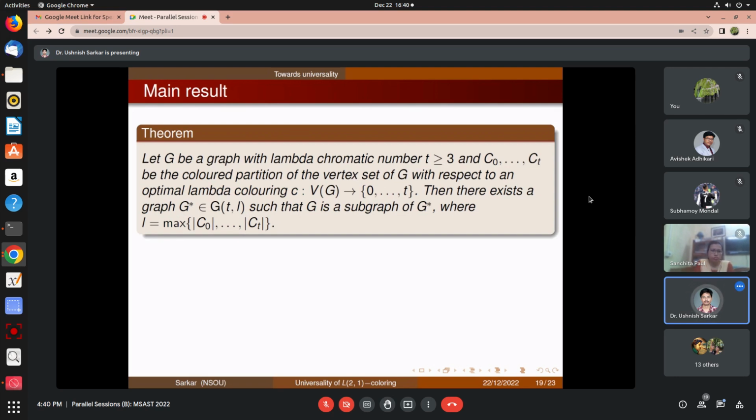Then there must exist a graph G star from the family we have already seen in the second construction, G star belonging to G(T,L), such that G is a subgraph of G star. And L is the maximum cardinality of the colored partitions.